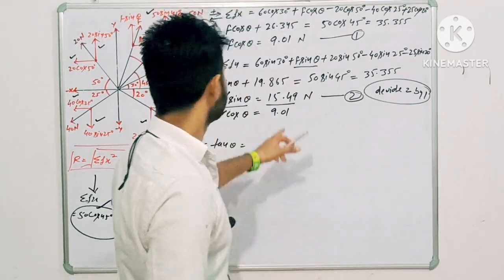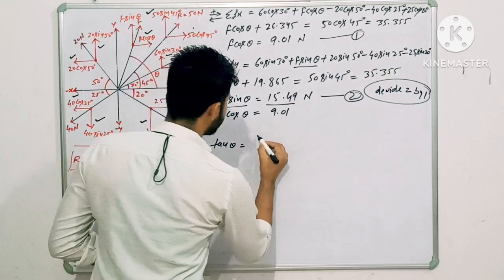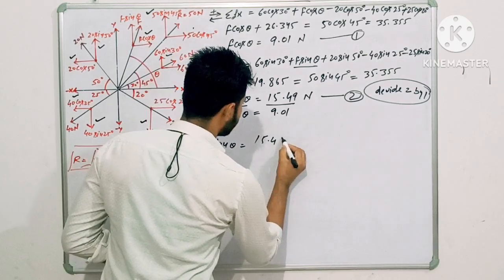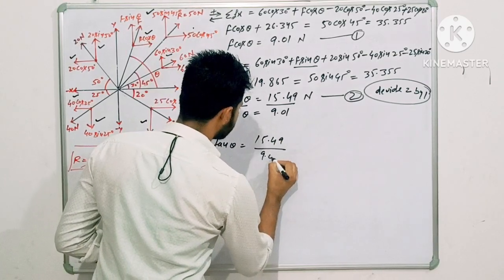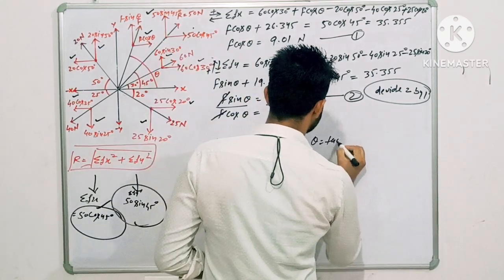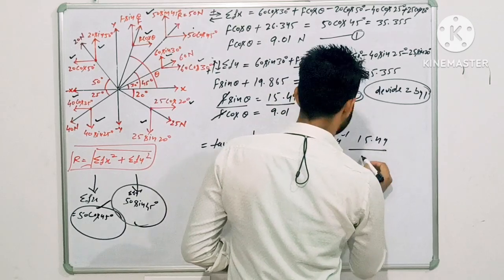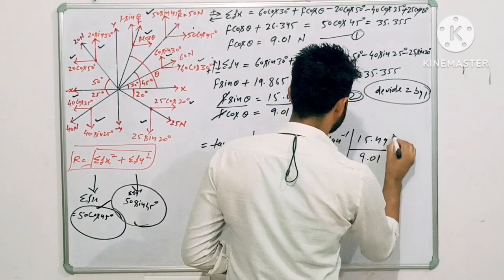Tangent theta will be equal to 15.49 divided by 9.01, and theta will be equal to tan inverse of 15.49 divided by 9.01.